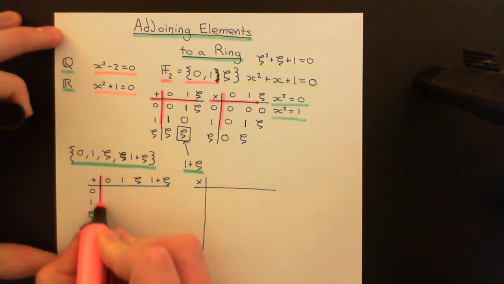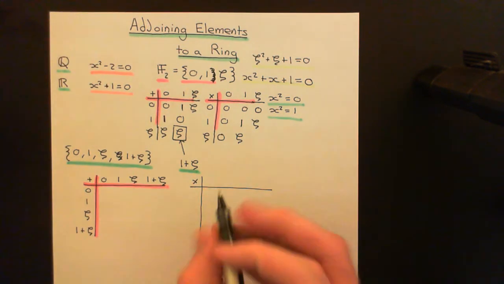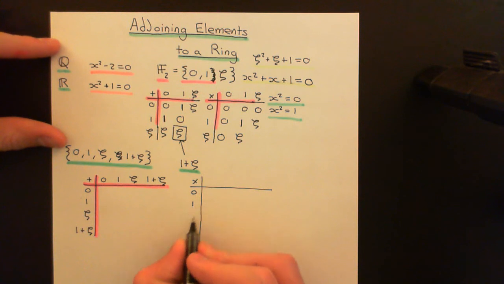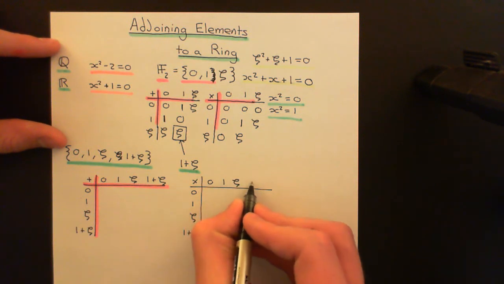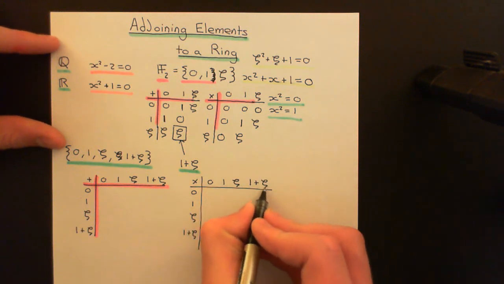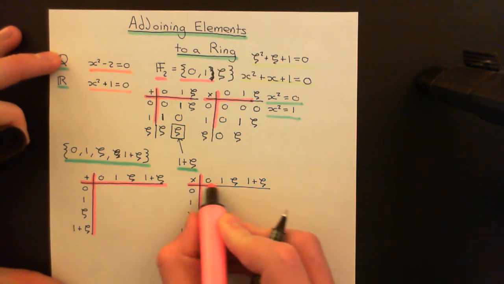Okay, so we'll now denote this in purple here, like so, and for multiplication, again, we'll have all of them given a row here, so 0, 1, zeta, and 1 plus zeta, and all of them given a column, 0, 1, zeta, and 1 plus zeta here, and again, I will colour that in purple.